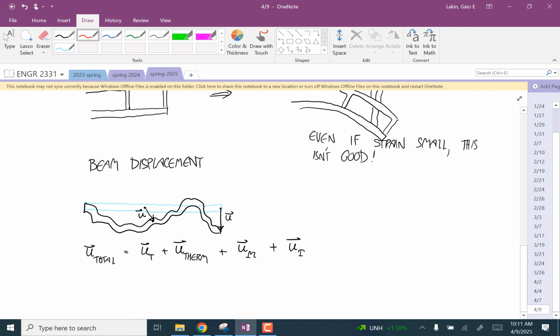When does this relationship hold? This is superposition again. And this holds for small deformations, let's say small displacements.